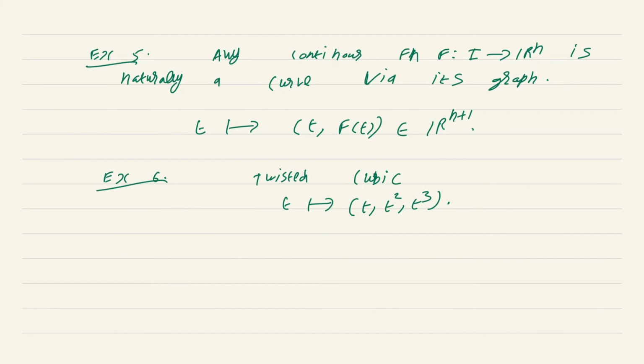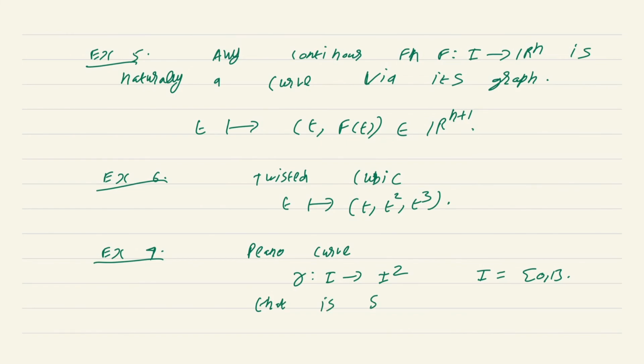The final example is an investigatory project for you. All these examples might tempt you into thinking that a parametrized curve is a nice one-dimensional object in space. That is not so. There is a famous curve called the Peano curve. This is a curve gamma from I to I squared, where I is just the closed interval [0, 1], that is surjective. Wow.